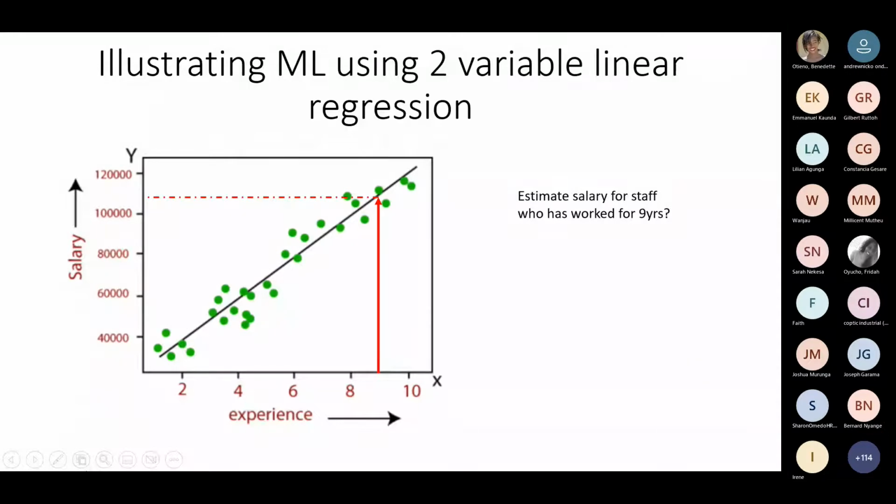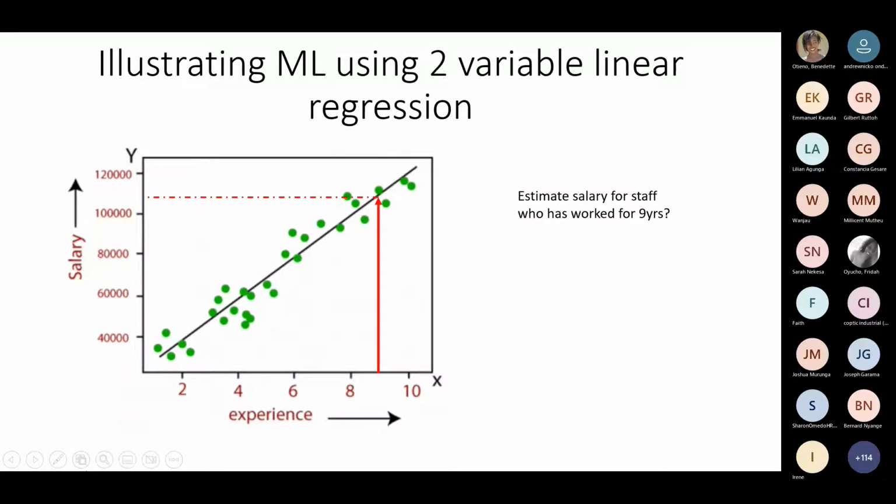So we all know typically salary paid is based on how long you've worked. And so it follows that the more experience or the longer the years, the more salary you get.